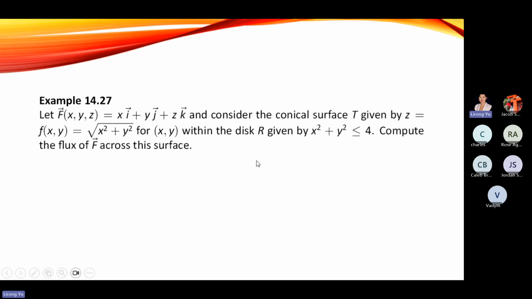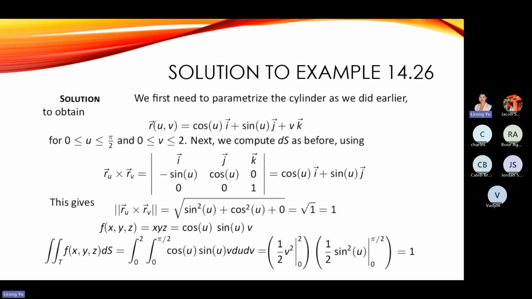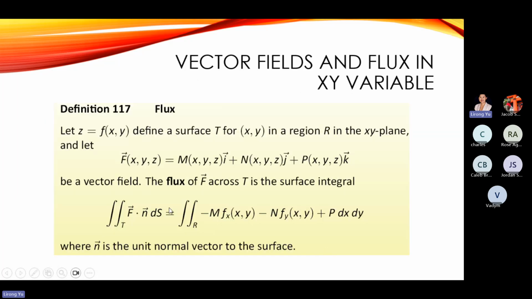So let's look at an example of how this is calculated, and realize this definition made it possible for us not to have to worry about the cross product r_u cross r_v. Sometimes if you're calculating a flux of a vector field across a surface, this surface integral does not require that cross product.